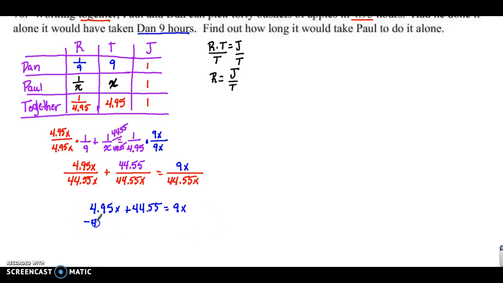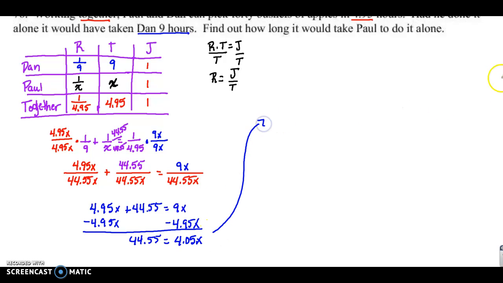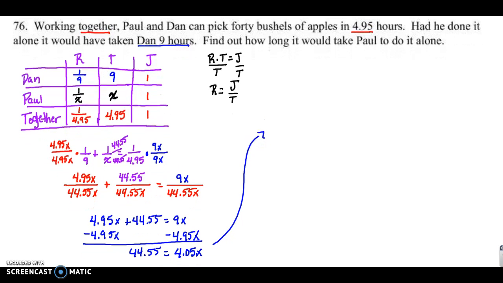And so we can solve by subtracting 4.95x to both sides, which gives me 44.55 equals, when I subtract that over, 4.05x. I'm going to move up here so that it can all stay on the screen for you.